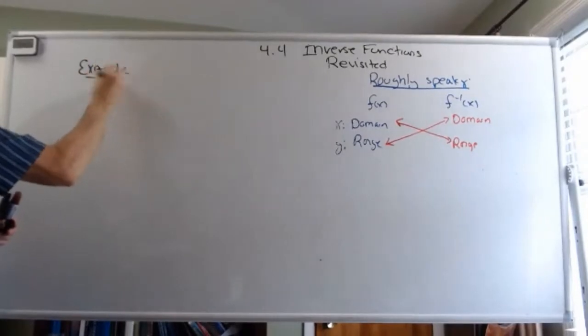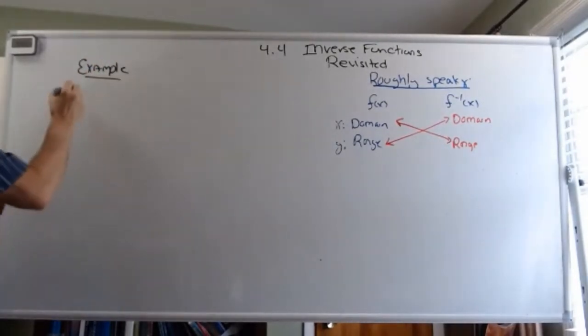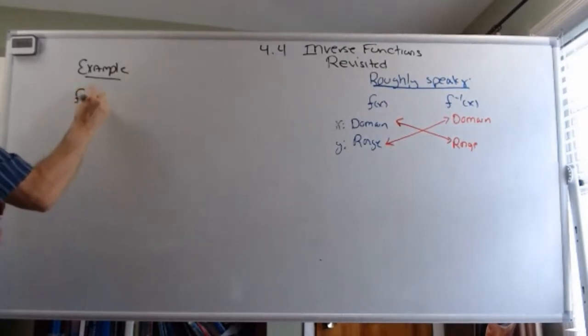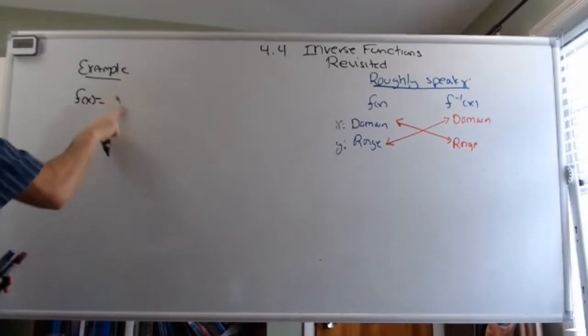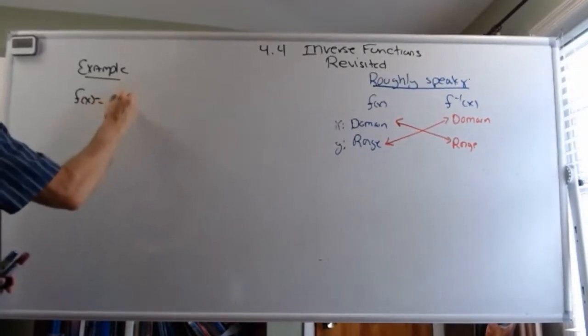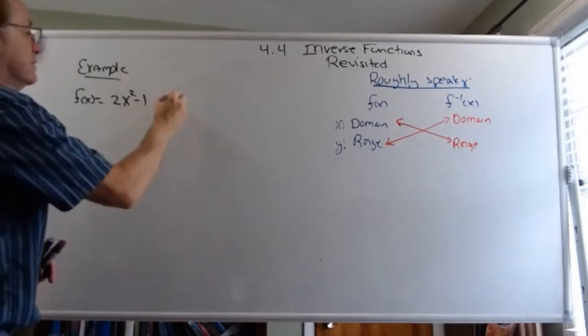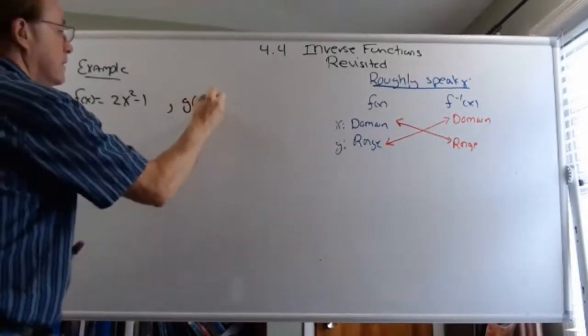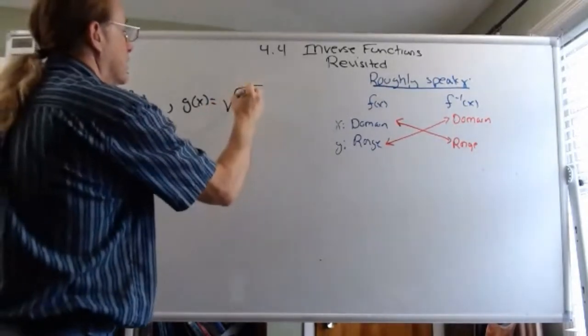And then we'll also talk about the domains and ranges of each of these. So let's take f of x equal to 2x squared minus 1, and my other function, g of x, equal to the square root of (x plus 1) over 2.